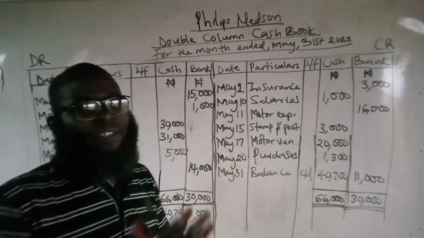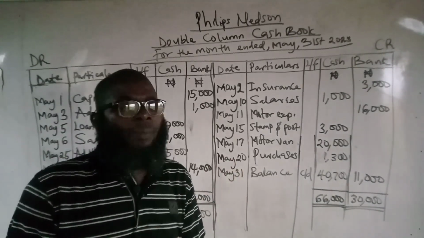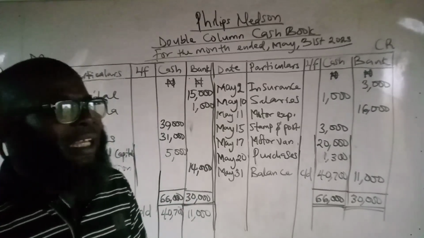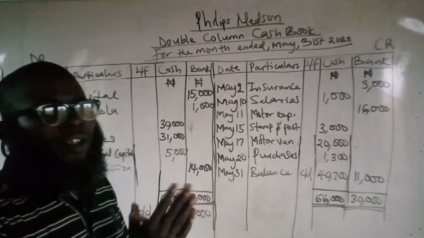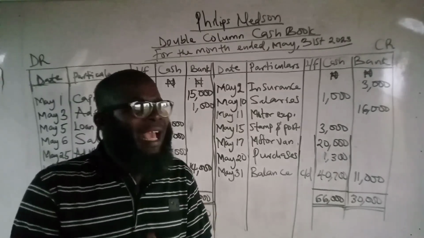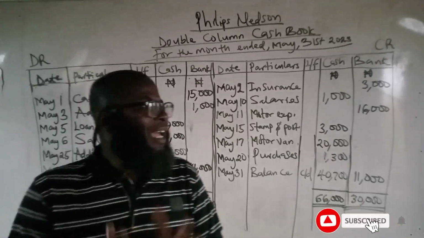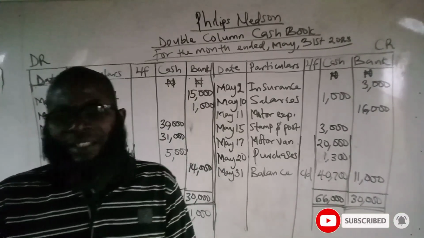This is how to prepare a simple double column cash book. Subsequently, in my next video, I will prepare part 2 of the double column cash book, where I will treat the contra entry for better understanding.